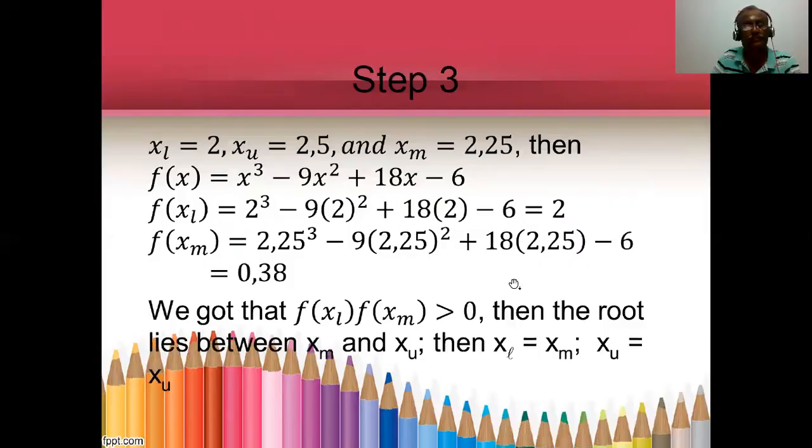In the next step, we repeat the process with xl equal to 2, xu equal to 2.5, and xm equal to 2.25. Now we are going to identify whether the root is between 2 and 2.25 or 2.25 and 2.5, for which we have to find the sign of f of 2.25.